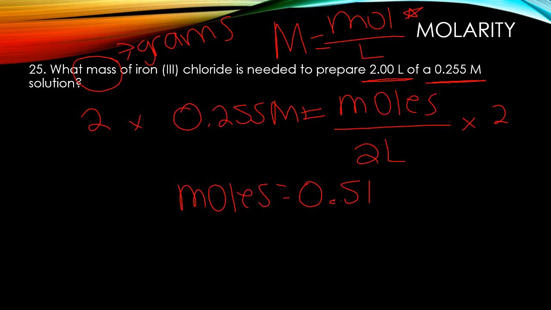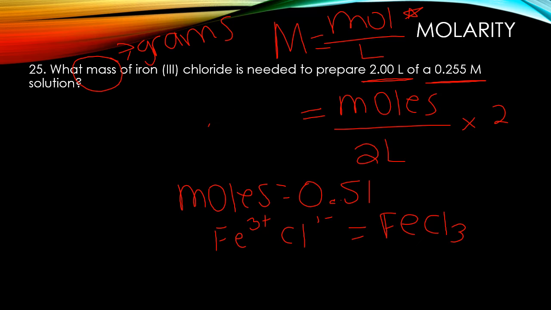Now, I'm trying to find grams, and it's iron 3 chloride. That means iron has a charge of 3, chloride, Cl 1 negative, so that formula is FeCl3. That matters because we are going to have to find molar mass. And if you have the wrong formula, the molar mass will be wrong.